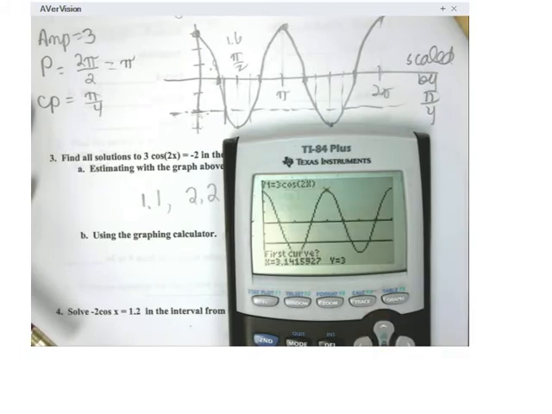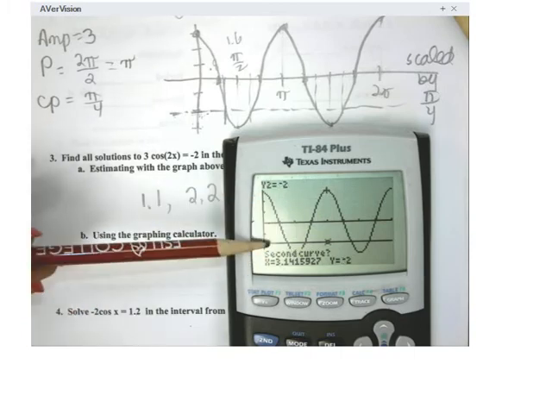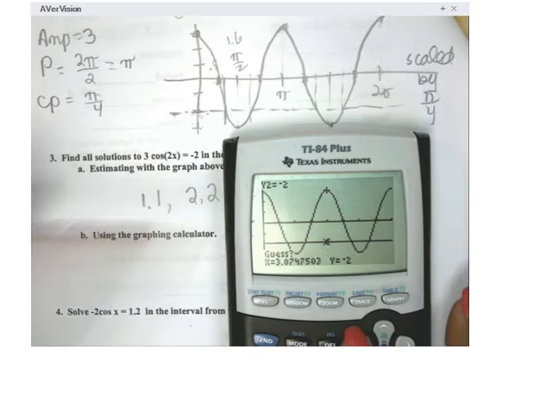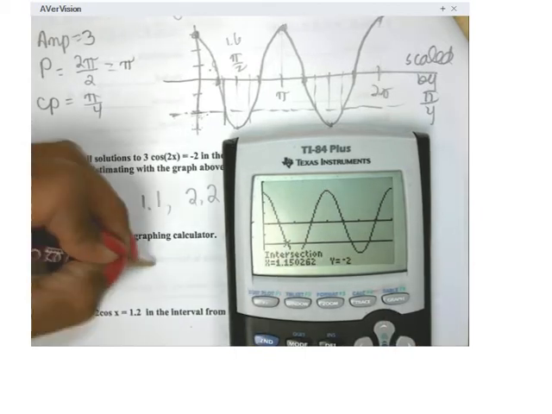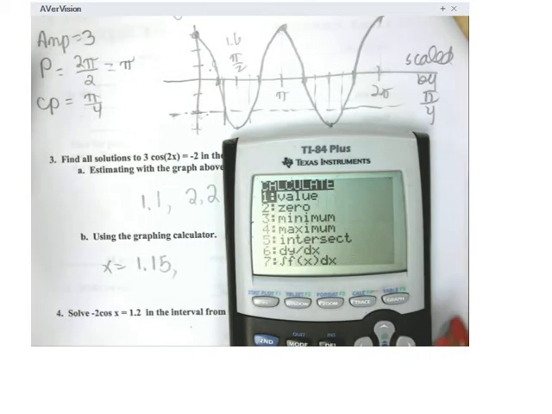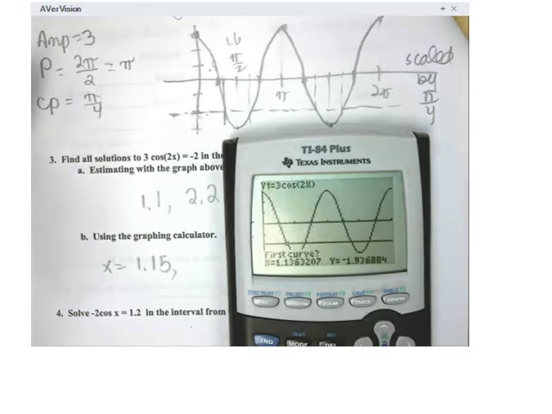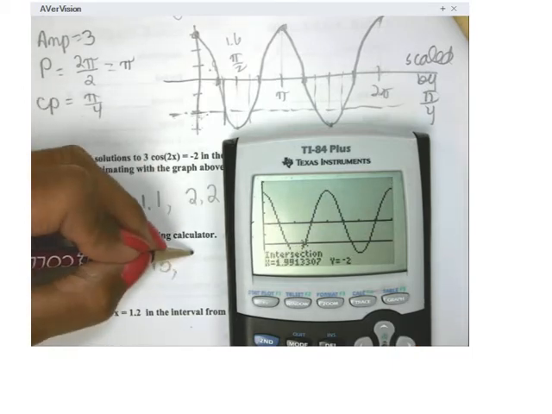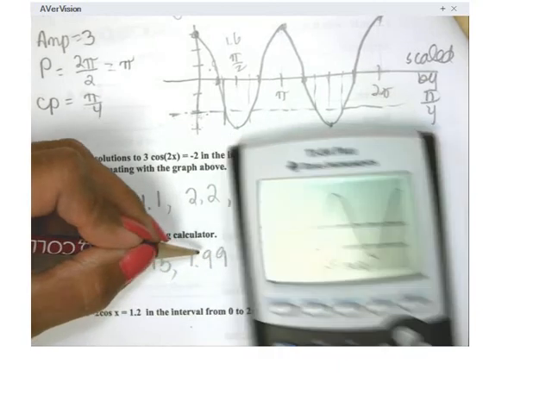Now, I'm going to have some intersections, and I'm going to want to figure out where those intersection points are. And notice this graph looks very much the same as what my graph is here. In any case, if I go to second, calculate, recall that that's our way of determining the intersection. And it tells me first curve, yep, I want 3 cosine of 2x. Second curve, yep, that's what I want. And then I have to do a guess. So I've got to move that cursor over, and it's not going to automatically give me all these spots, but I get the first one at an x value of 1.15.